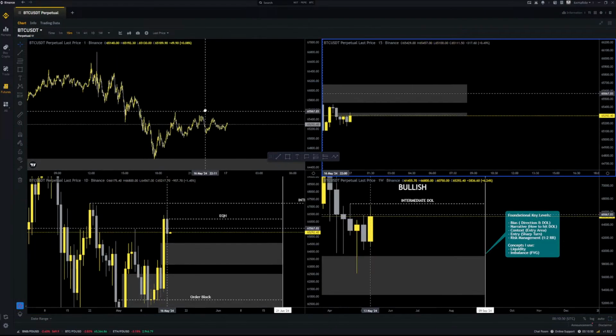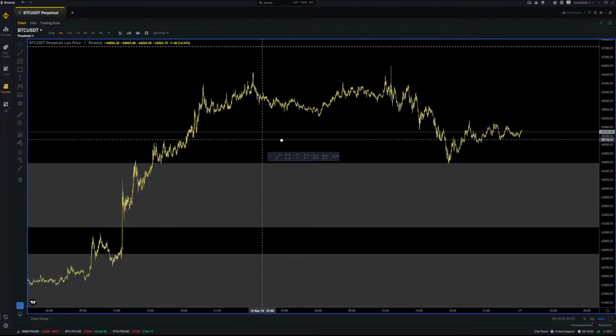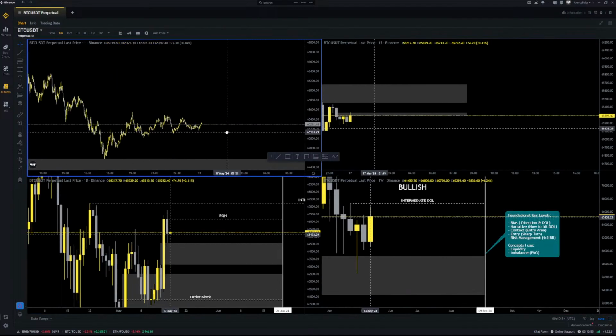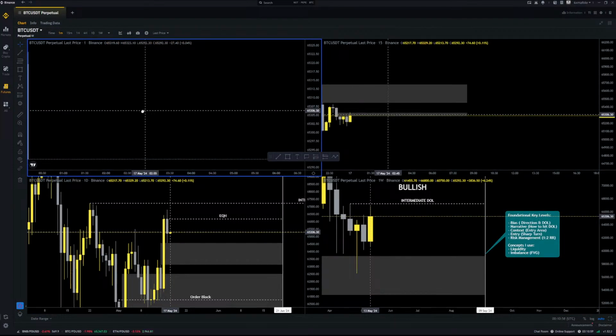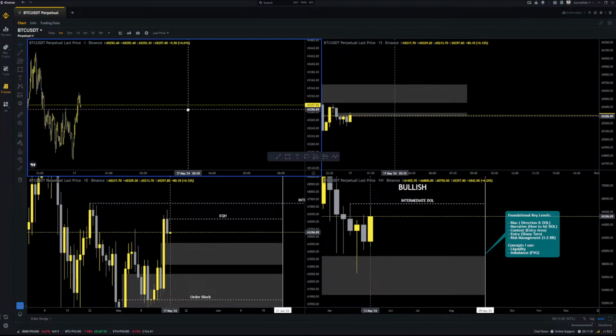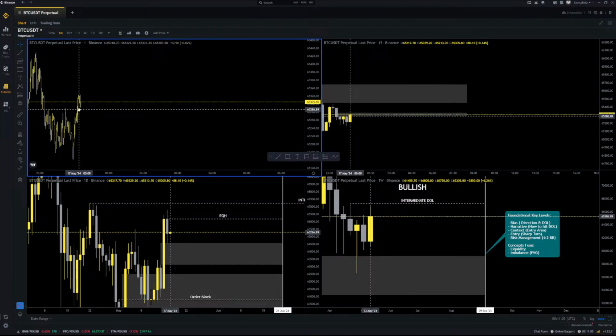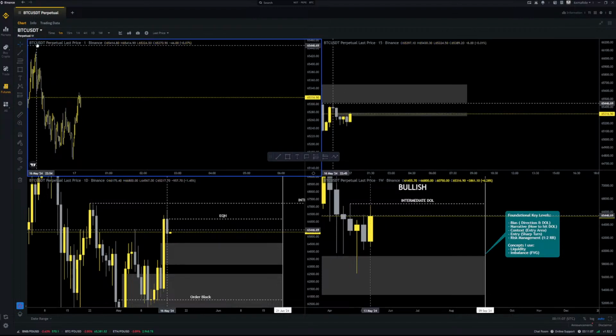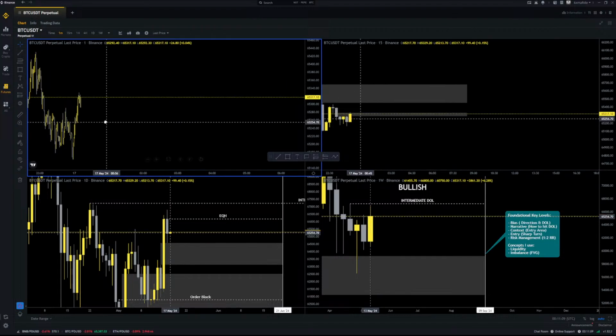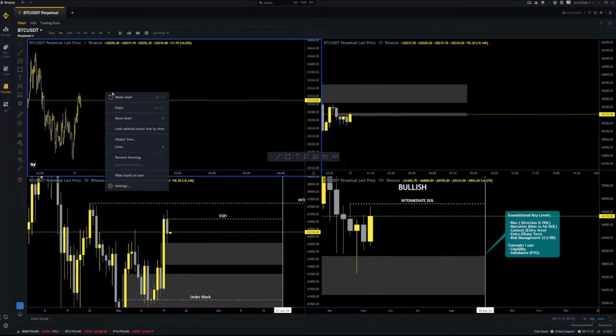If I don't mind, put the chart. Gives me that turn I want. Oh, it doesn't. Kind of beautiful. It doesn't.